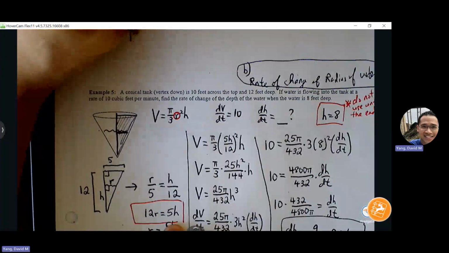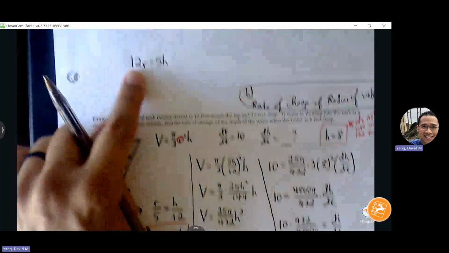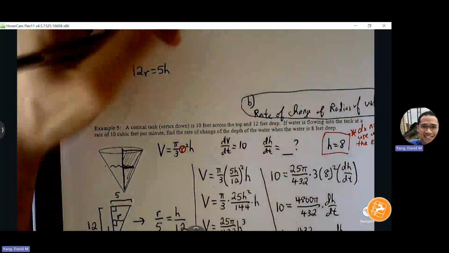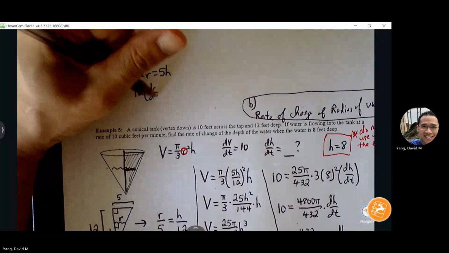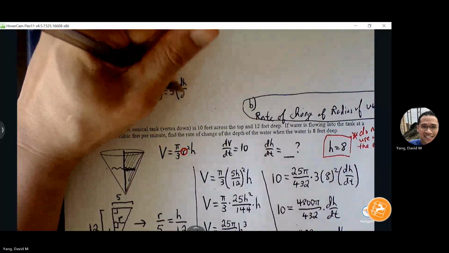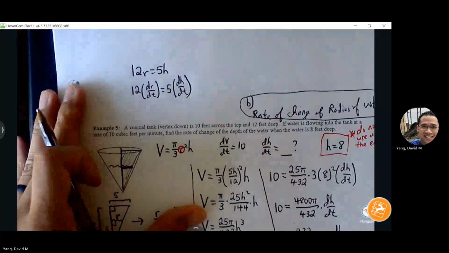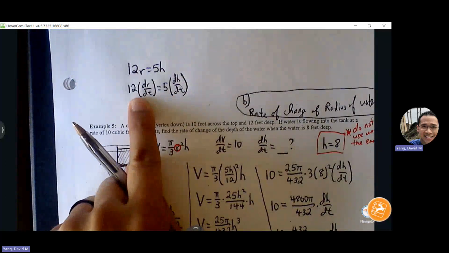So if I have 12R equals 5H, what's the derivative of this simple equation here? 12R becomes 12 dr/dt. Yeah. And 5H becomes 5 dh/dt. So if I know what dh/dt is, just put that in and I can solve for dr/dt.